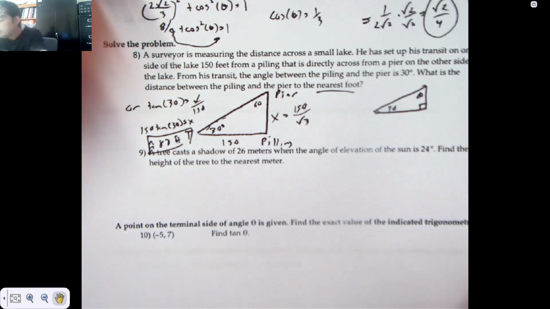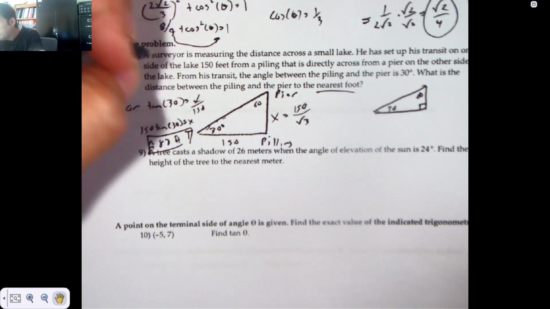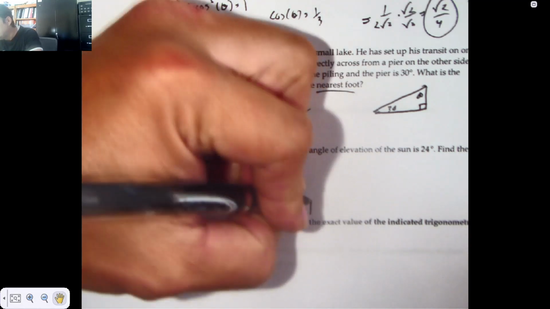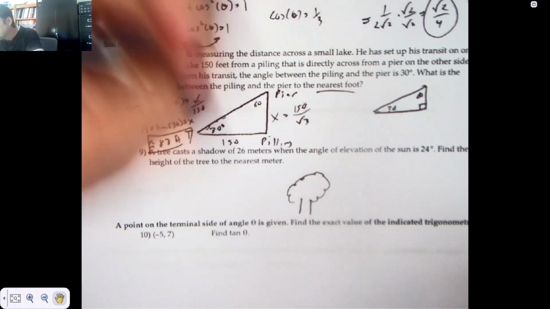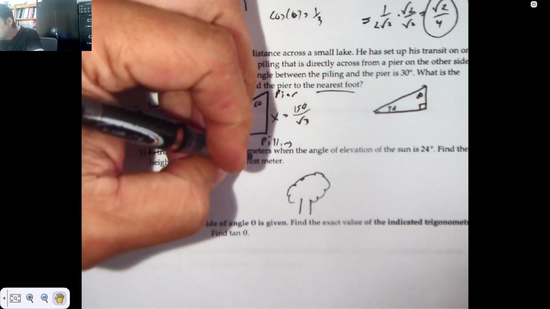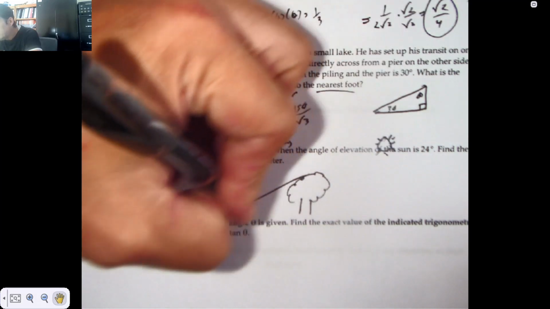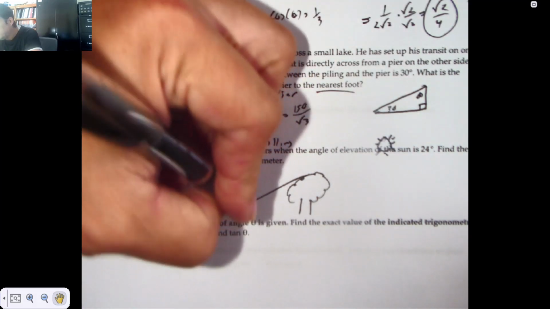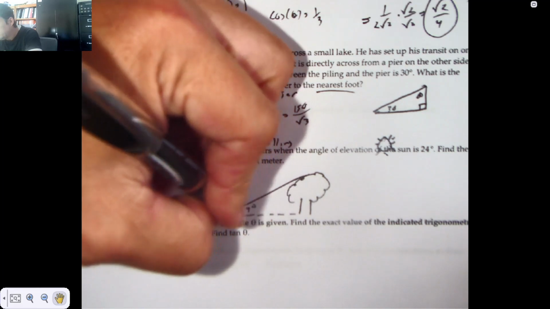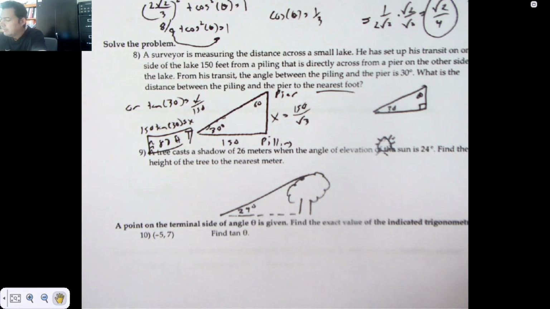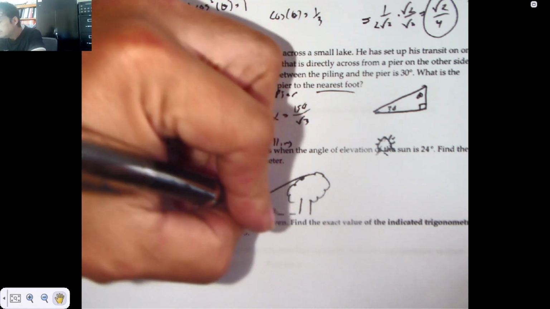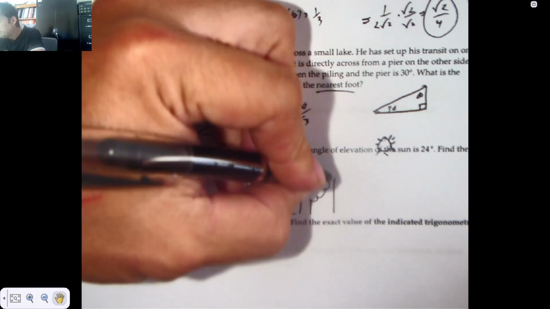A tree casts a shadow of 26 meters when the angle of elevation of the sun is 24 degrees. So we have a tree. It casts a shadow. There's a big sunshine somewhere up here, by the way. And there's an angle of elevation of 24 degrees. That would be an angle looking up with the ground. The shadow length is 26 meters, and I want to know the height of this tree.